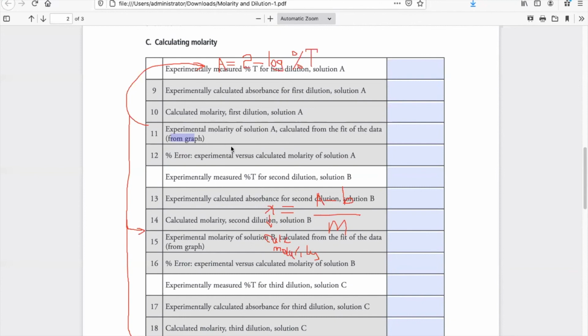The absolute between the two, let me just use the equation here. Maybe it's going to help you out. For this part right here, take the absolute value of experimental minus the calculated, whichever is small, it should turn to positive, over calculated.